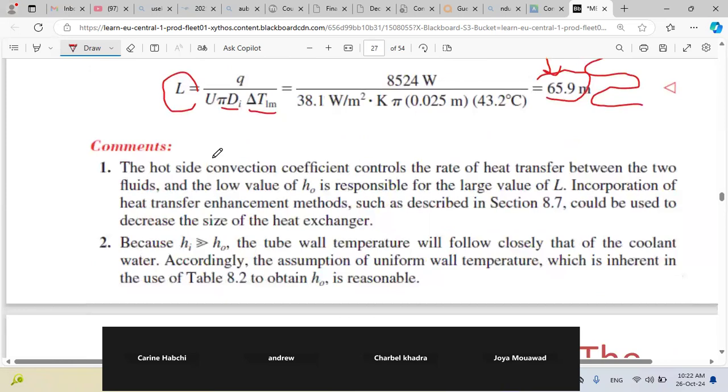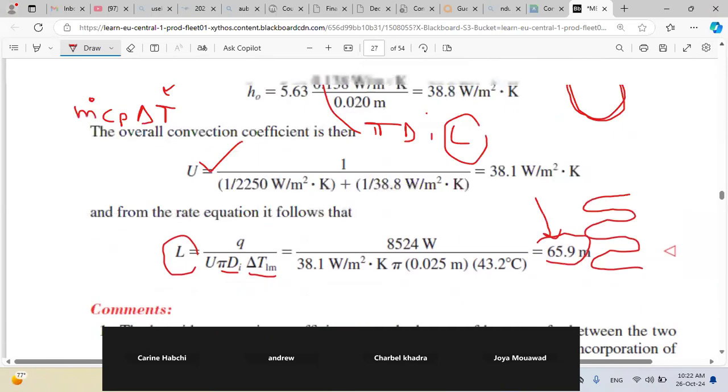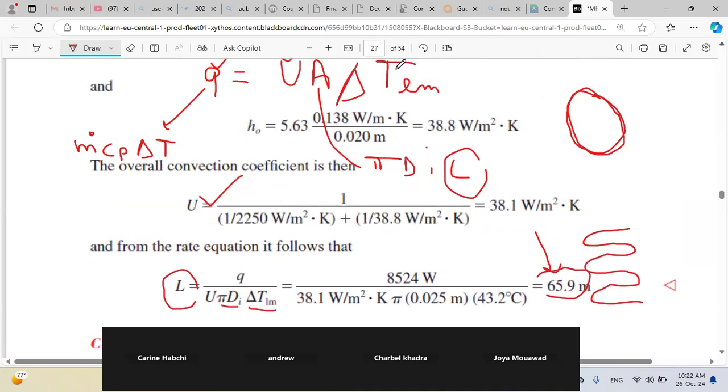So, some remarks: the hot side convection coefficient controls the rate of heat transfer between the two fluids. Why? Because if you compare the convective coefficients between the inner and outer side, the outer side convective coefficient is really small, while for the inner side, it's much larger.